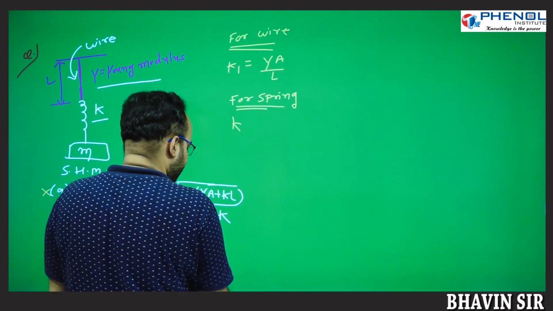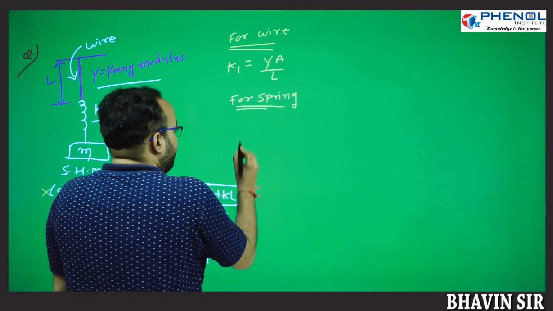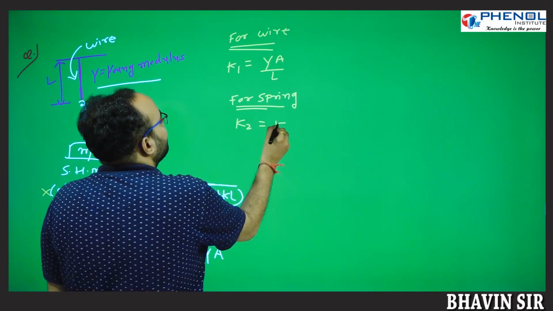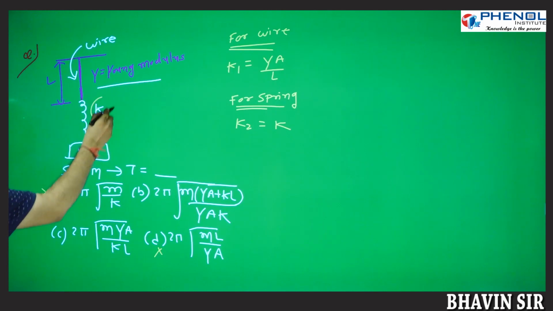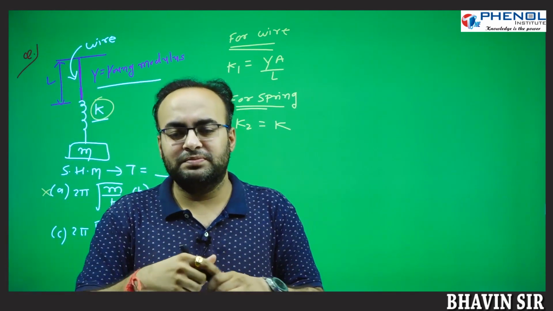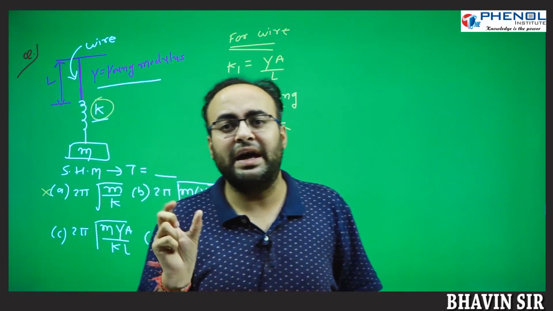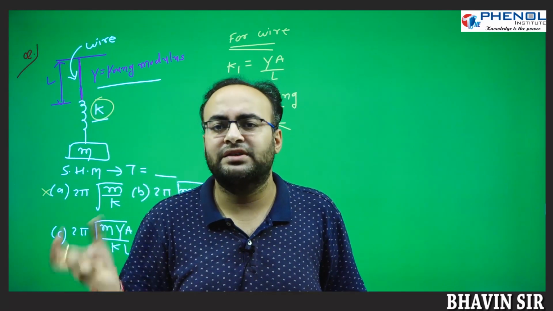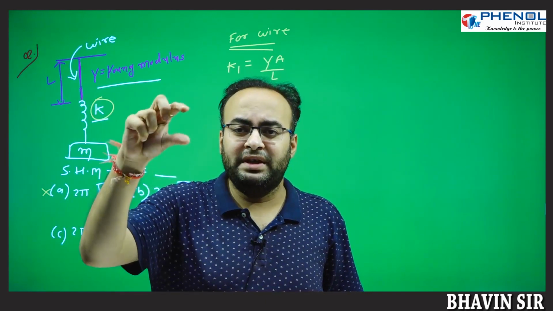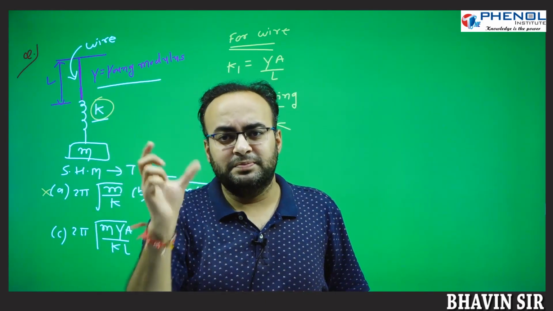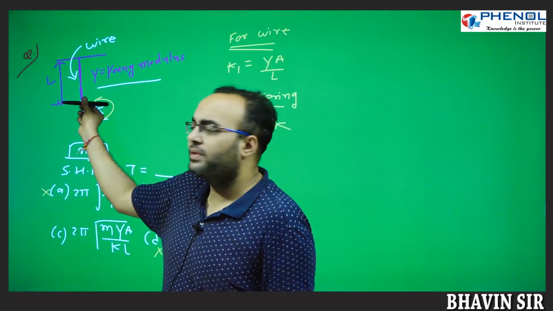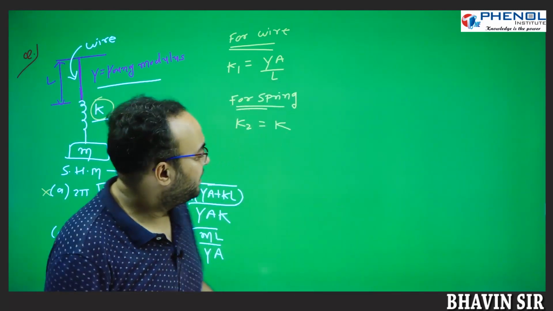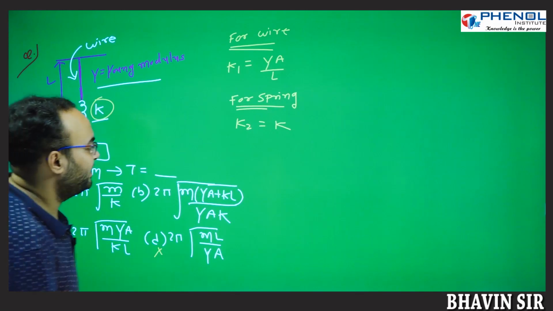K. That is given, students. Now see, both are connected in series. How to know both are connected in series? Because the block is connected at the end. If the block is connected between wire and spring, then it is a parallel connection. But now the block is at the end, so it is a series connection.